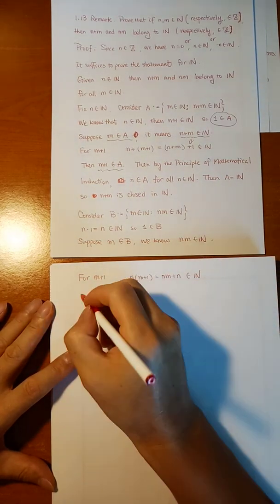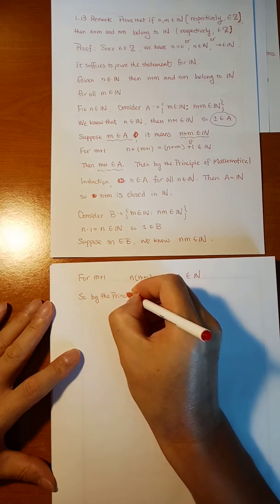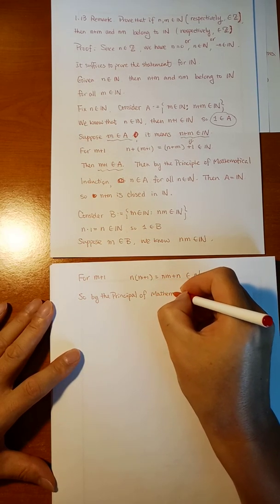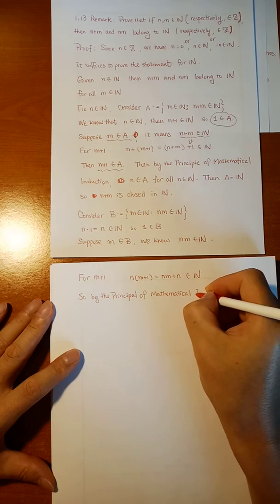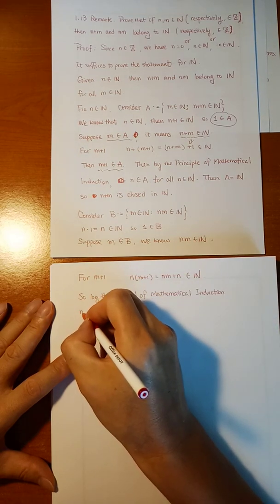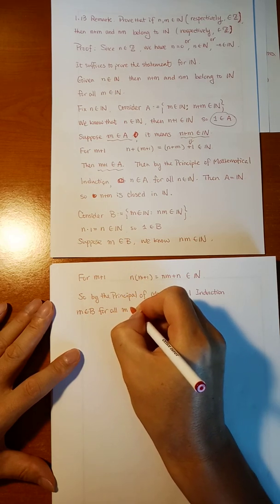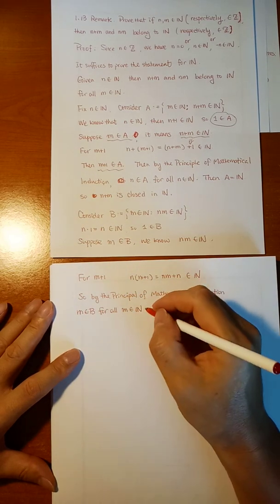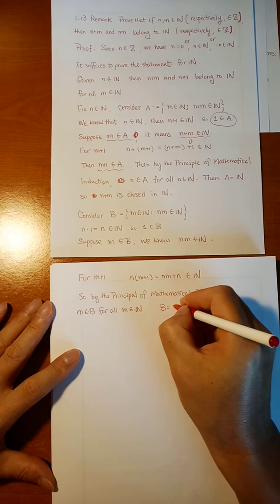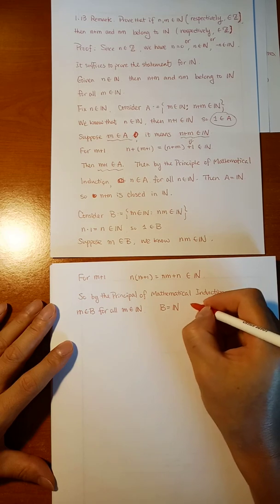So by the principle of mathematical induction, m belongs to B for all m in the set of natural numbers. Every element in the natural numbers belongs to B. B is equal to the set of natural numbers, and multiplication is closed.